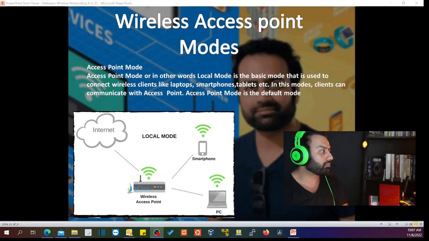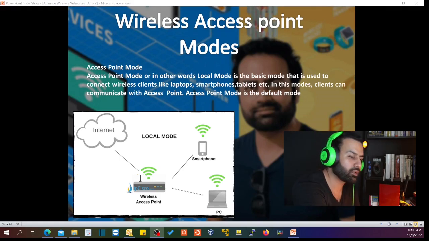Look at the diagram in here. We have one wireless access point, and with the help of that one wireless access point, the device is connected. For example, the wireless access point that I have at home right now is in wireless access point mode. And let's see what else we have in here, which other mode is available.